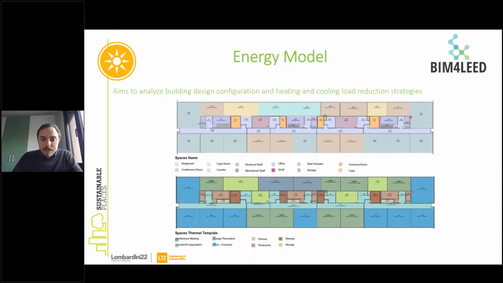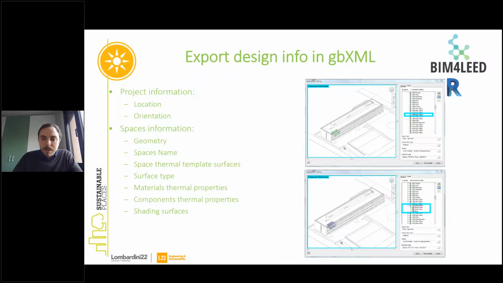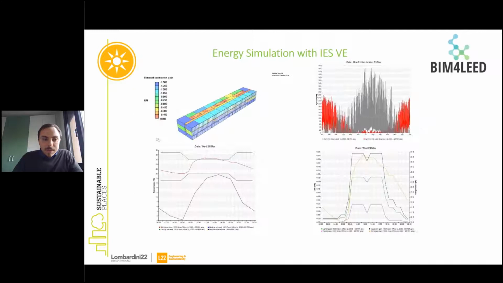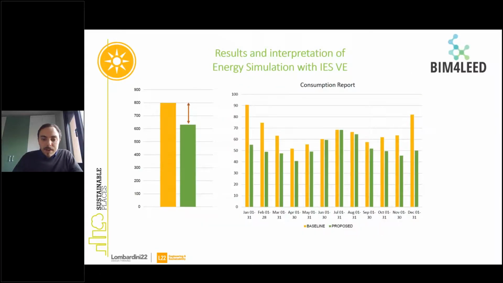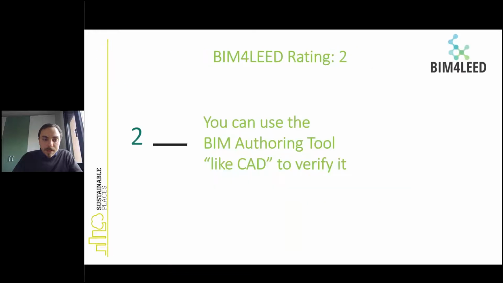This example is for Lombardini 22, and they used the BIM model to export in gbXML from Revit to gbXML to their virtual environment, and they did this energy simulation and found that the proposed building is 20% better than the baseline building, and reached in this way 8 points.